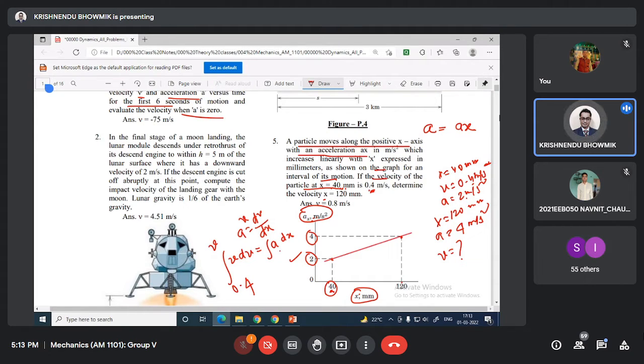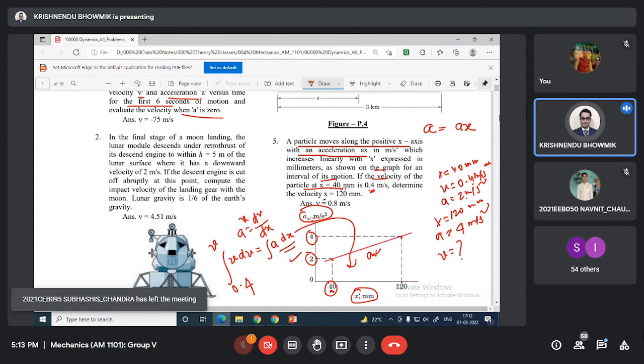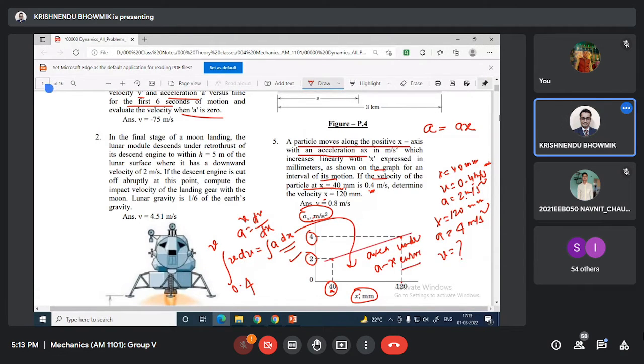And this area is nothing but the area under the a-x curve. We told that one, correct? Yes, sir. And this area you can calculate easily, and this will be half b square minus half 0.4 whole square. You can get that one.